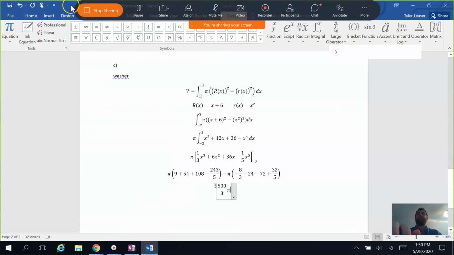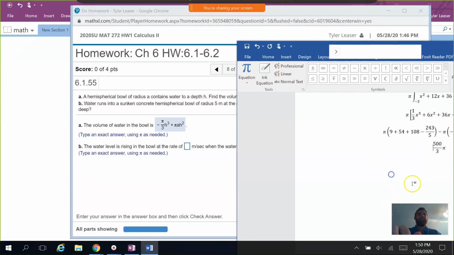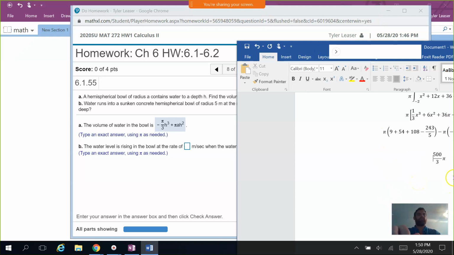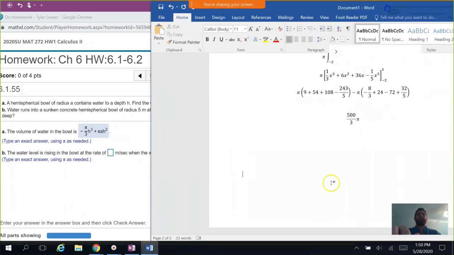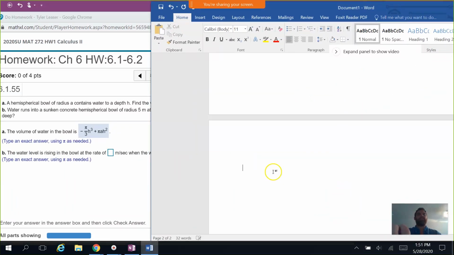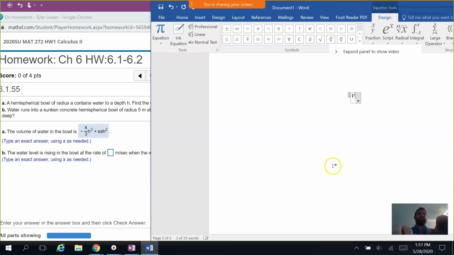So going back over to Word and copying what we have down here. All right, so, getting to a fresh page, we have that the volume of the water is that answer, negative pi over 3 h cubed plus pi a h squared.